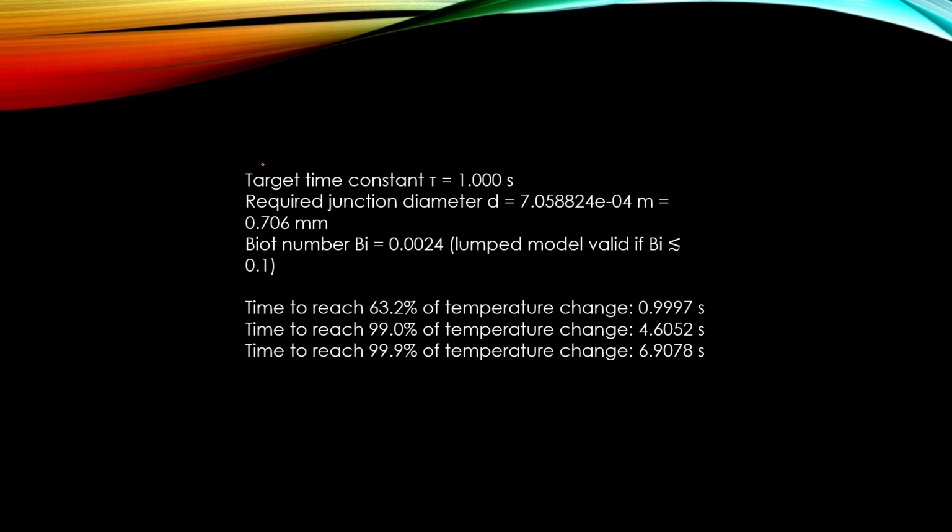If we want this time constant to be 1 second, the required junction diameter is less than 1 millimeter. And I calculated also the Biot number, and it's very small, so this kind of assumption using the so-called lumped model is valid.